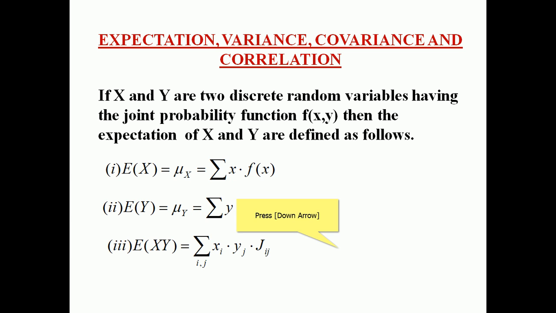What is f of x? f of x is the marginal probability distribution of the variable x. Similarly, expectation of y or mean of y. Expectation of xy is summation of xi into yj into jij. jij is the joint probability distribution of x and y.